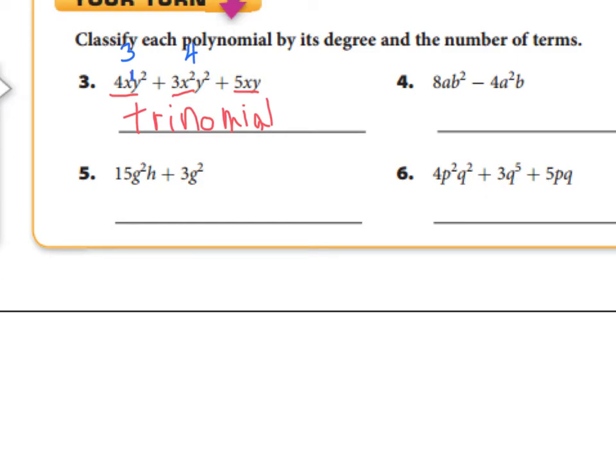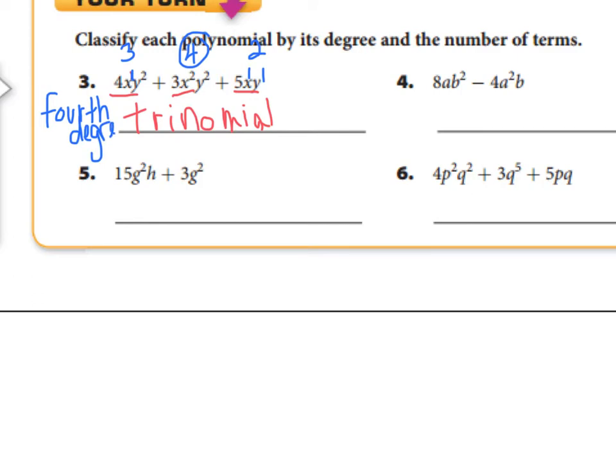And then the last one, each of those have an invisible exponent of 1. Add those together, so it has a degree of 2. Now remember, we only add the exponents when they're in the same term. Now that they're not in the same term, we pick the highest one, which is 4. So we call it a fourth degree trinomial.